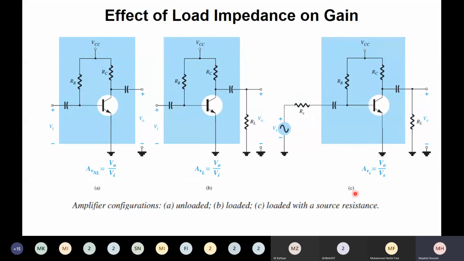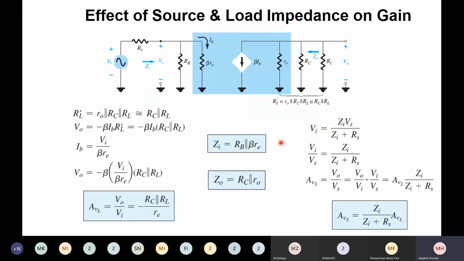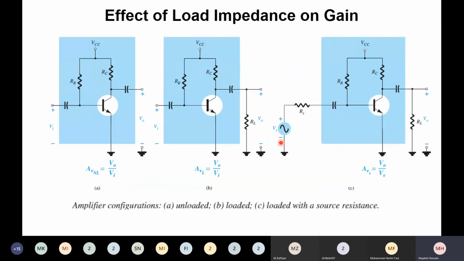If you apply the AC analysis steps to this configuration, you make these capacitors short circuit and make this VCC ground. So the overall circuit, make this voltage source 0. This source signal cannot be 0. We only have to make the DC sources short circuit, and these capacitors can be replaced by short circuits.